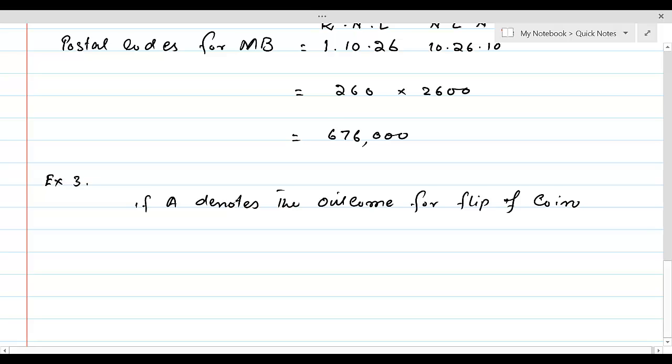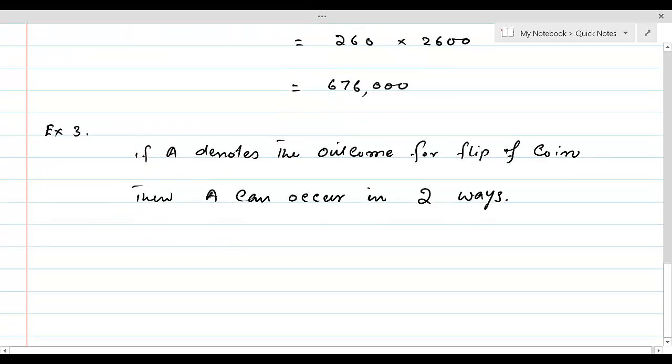There are 2 ways. A can occur in 2 different ways because a coin has only 2 possible outcomes. Either it could be head or it could be tail.